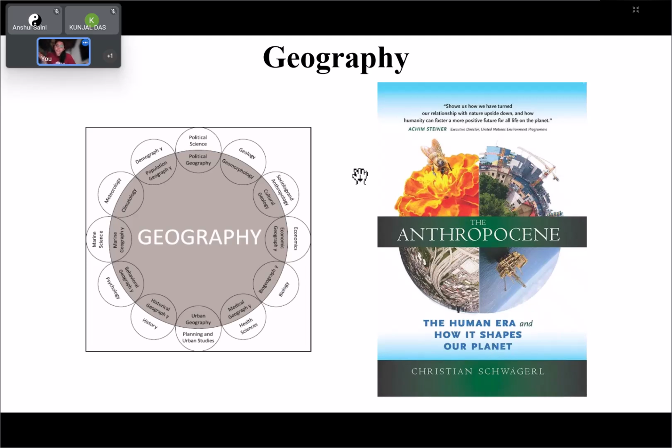Geography has different perspectives and subfields, and as you can see here, it talks about humans through population geography and political geography. You can change the unit from human to any other unit, let's say a group of animals in a particular region. But geography encompasses a vast field, and this becomes important when we look at it from an Anthropocene perspective.